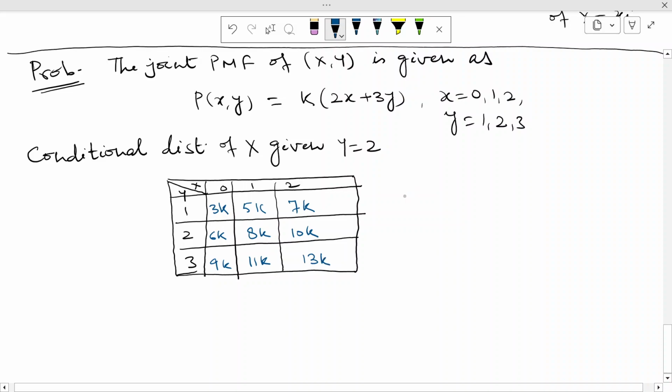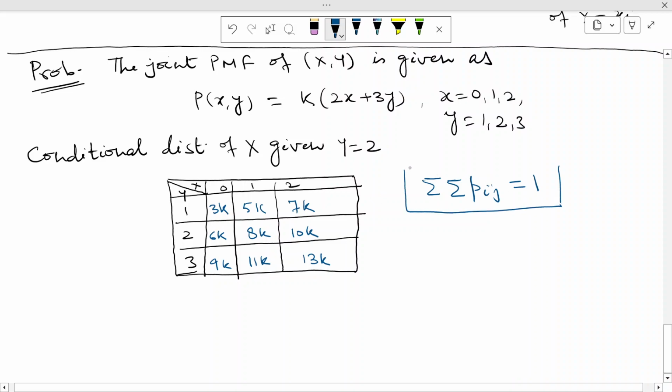So our primary step is to find out the value of k. So how do we do that? We just need to add all these values, and here we are again making use of the property that the sum of all the probabilities should be 1.